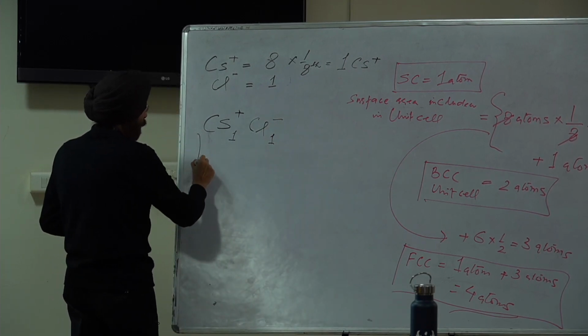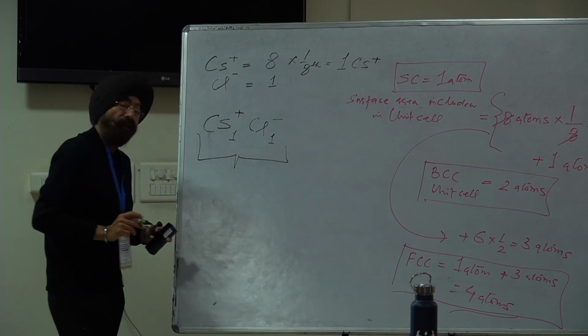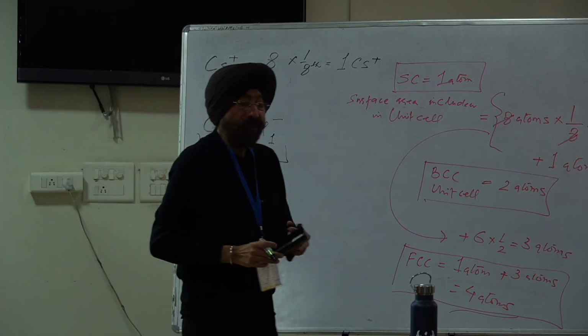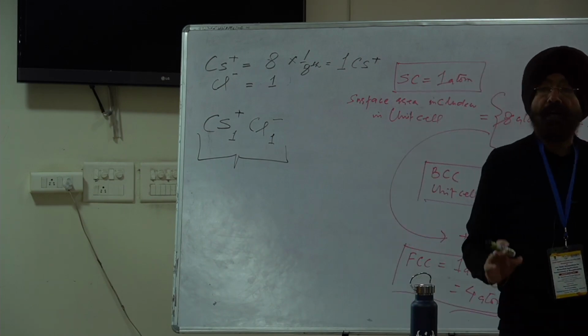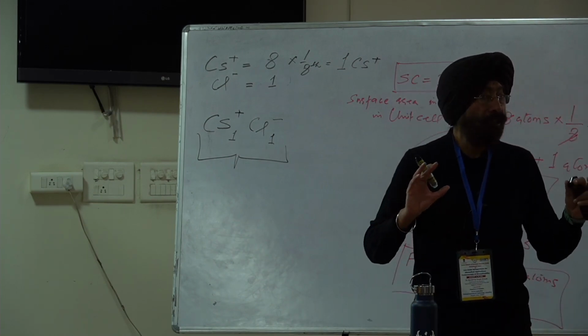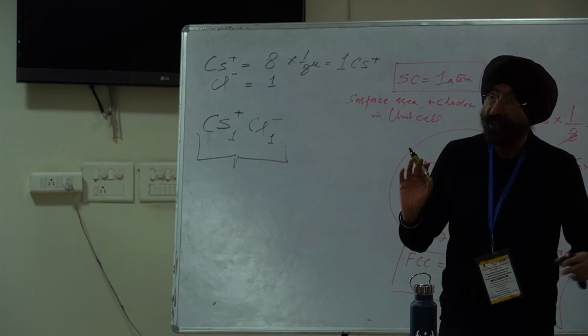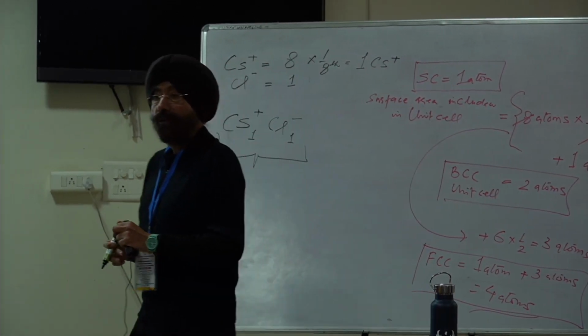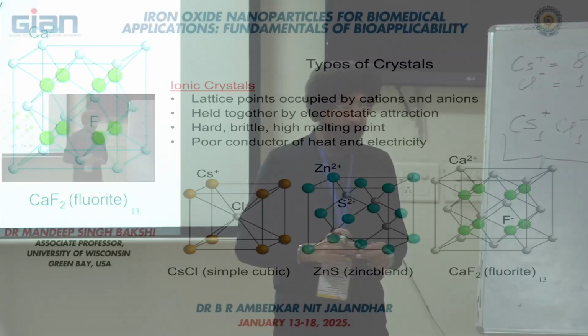So when we have to write the formula for an ionic salt, make sure you understand that an ionic salt always exists in the fully neutral state. So then you are not supposed to write the charges.